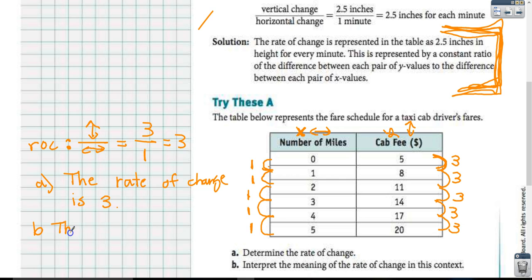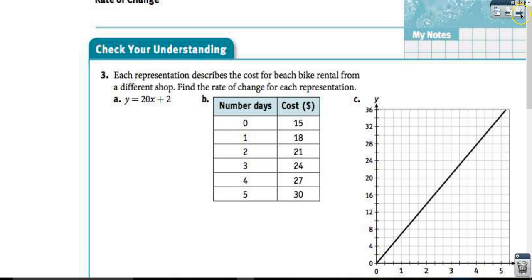The rate of change is 3, and the 3 represents the cab fee, so $3 per, the per represents our little fraction bar there, per mile. All right. There's our try these A. Moving along. Go ahead and try to check your understanding on your own really quick.